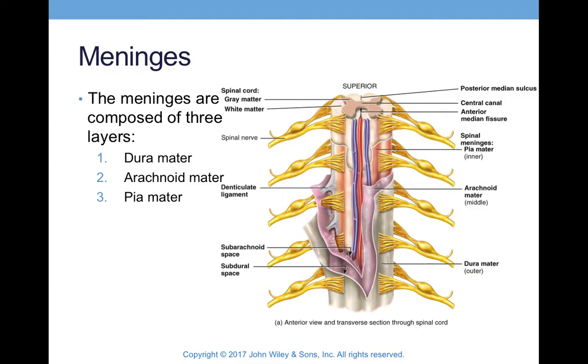That's where a spinal tap is done to withdraw cerebrospinal fluid for diagnostic purposes. And then there are denticulate ligaments that are thickenings of the pia mater, and these denticulate ligaments suspend the spinal cord in the middle of the dural sheath.